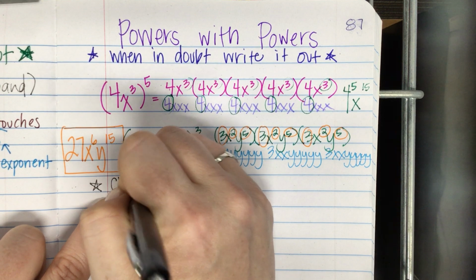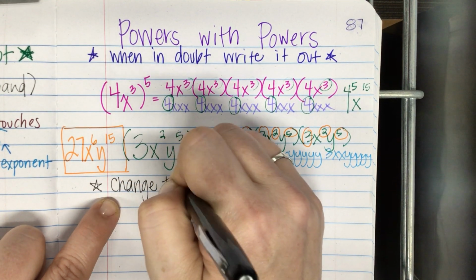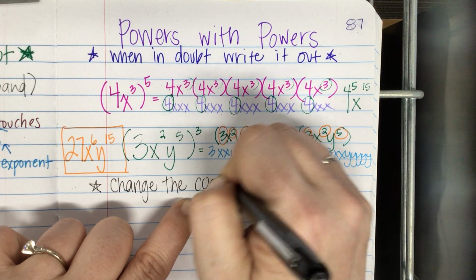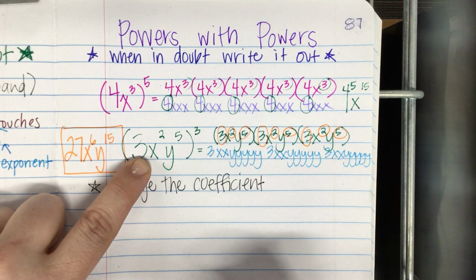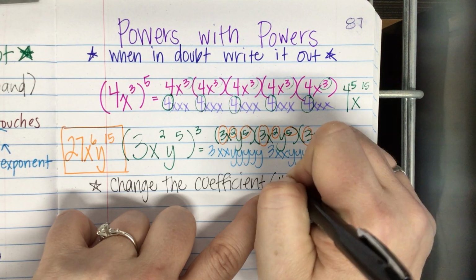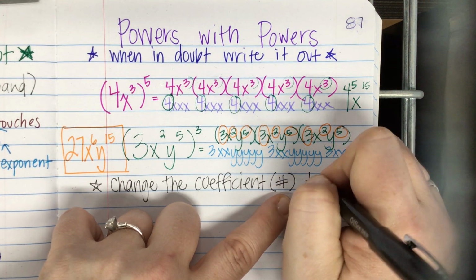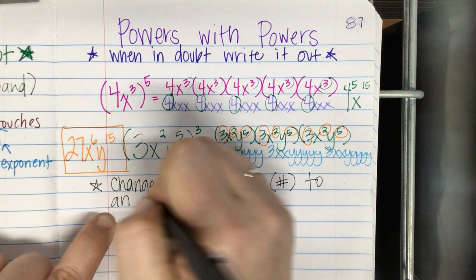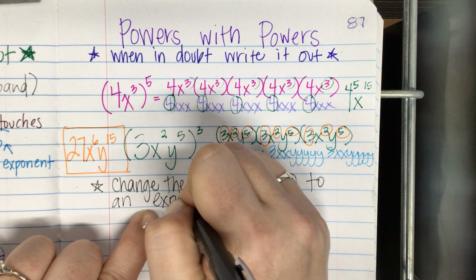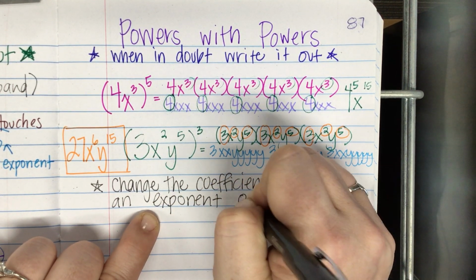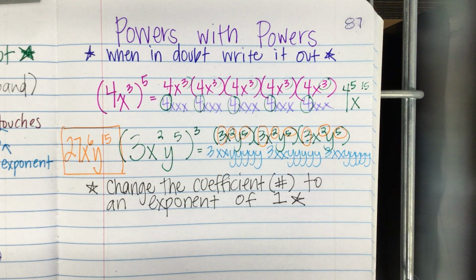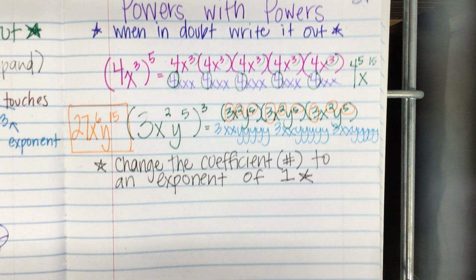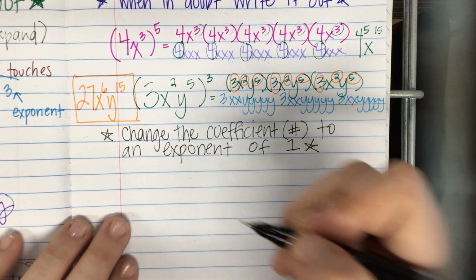You need to change the coefficient, if there is a coefficient, the number, to an exponent of 1. If you change that coefficient to an exponent of 1, then you can use the shortcut.